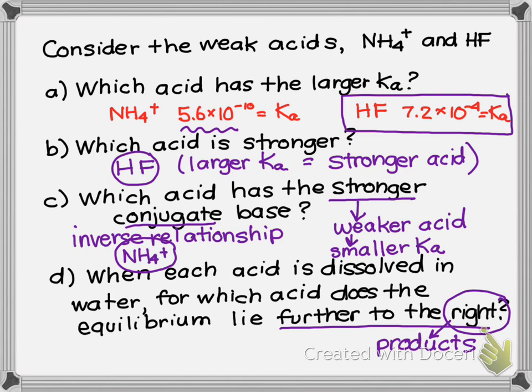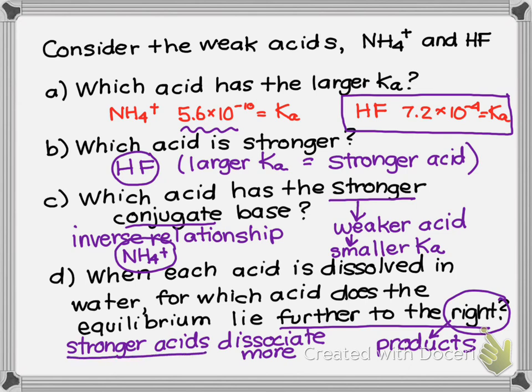Well, we know that stronger acids dissociate more. That means they make more products. So what I'm looking for is the stronger of the acids, and we already decided that HF is the stronger. So being a stronger acid, HF would make more products, and another way to say that is that it would have an equilibrium that lied further to the left.